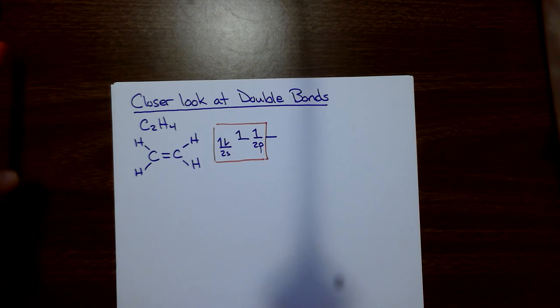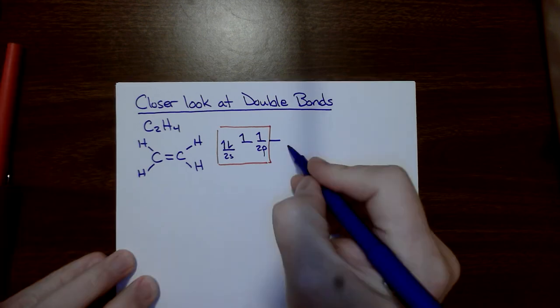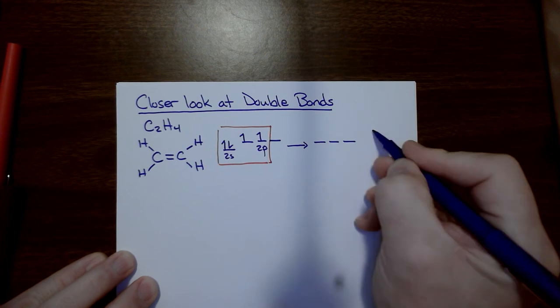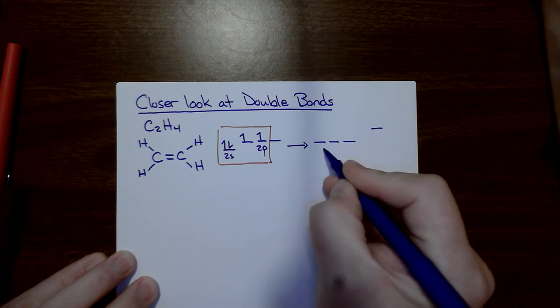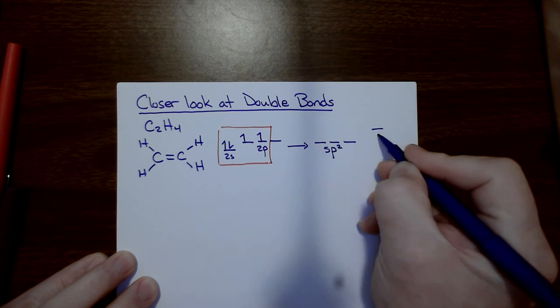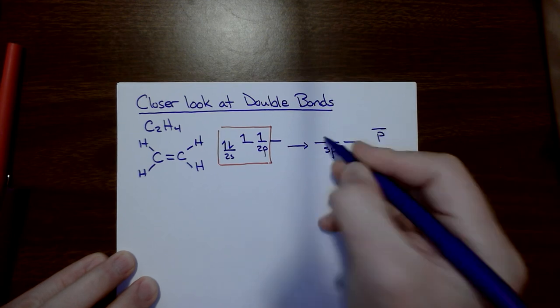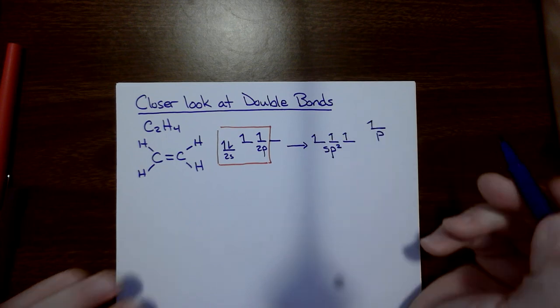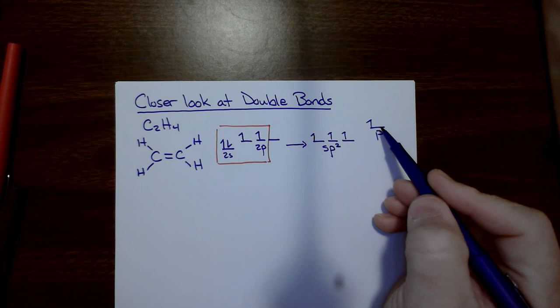And so we've got 1, 2, 3, and then the p up here. So we have 3 sp2 orbitals, and then we have a p orbital. So we can still make 4 bonds, but this p orbital is going to make part of the double bond.